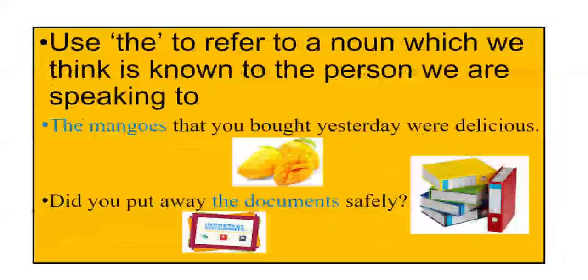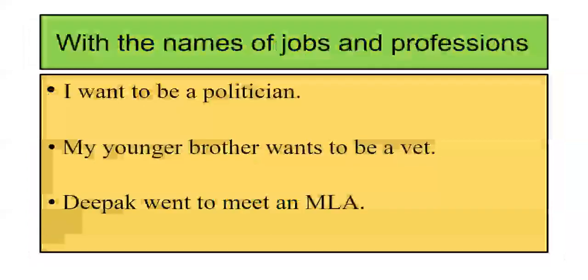Like the mangoes that you bought yesterday were delicious. So you're telling somebody, your dad or your mom, that yes, the mangoes that you bought yesterday were delicious. So they also know which mangoes they got, and you are also well aware about it. So there we use the. So did you put away the document safely? So the speaker and the listener both know what we are talking about.